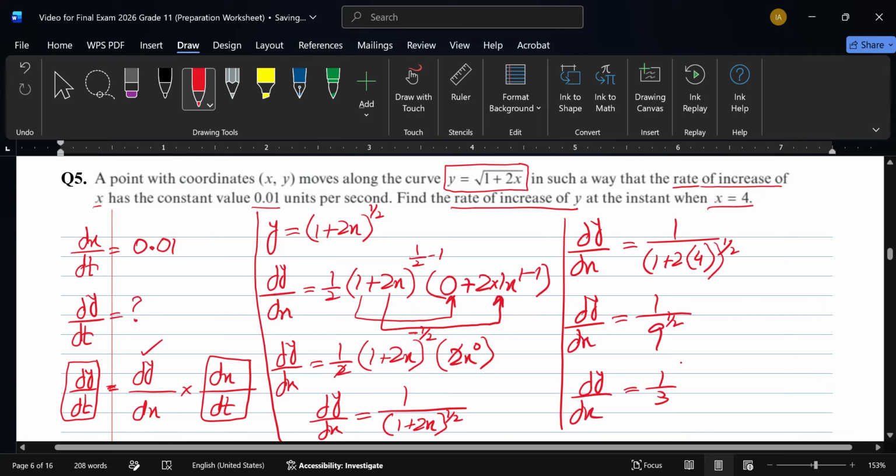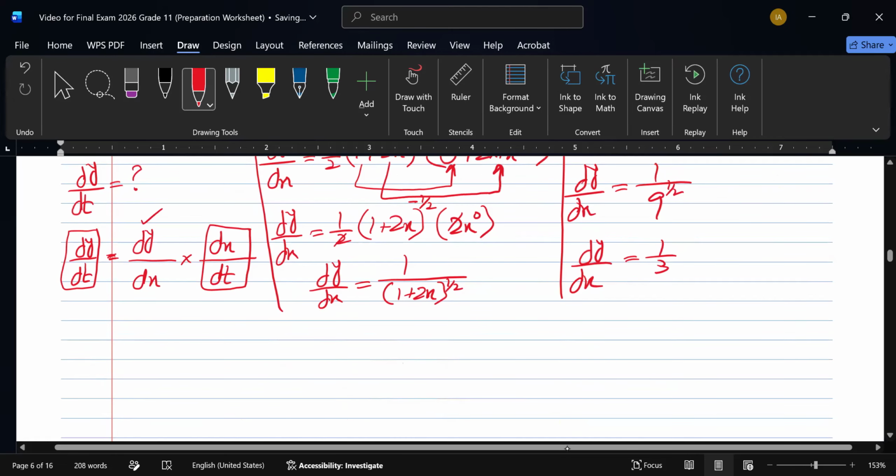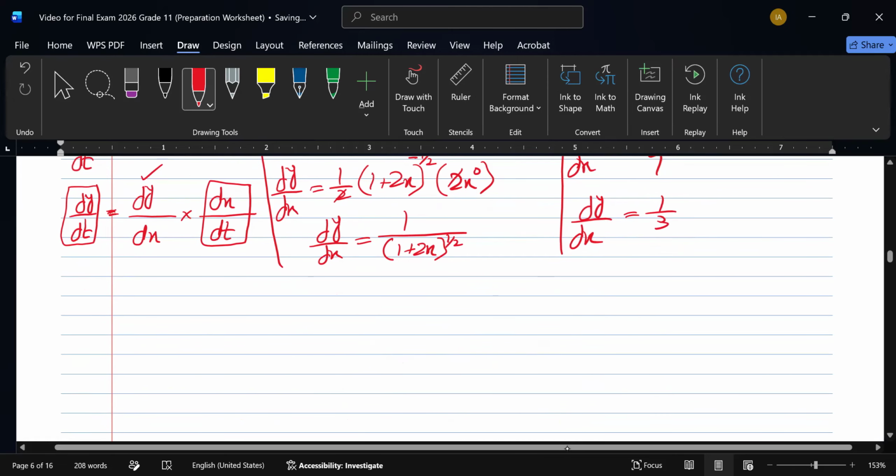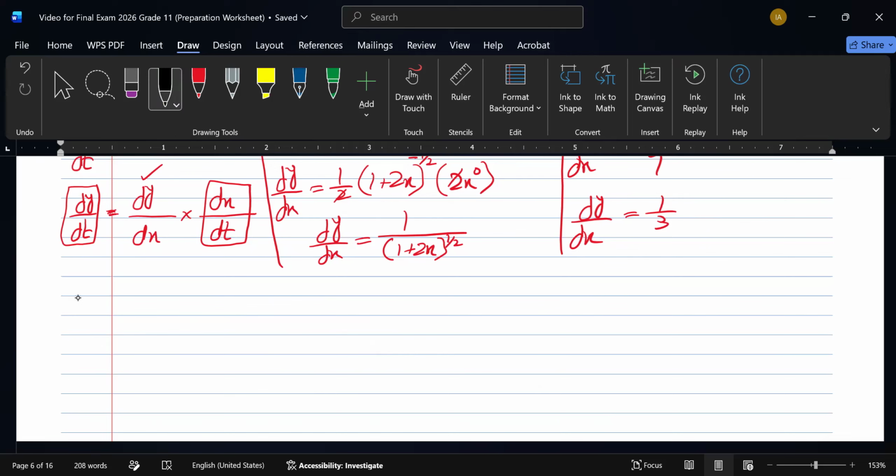Now the time has come to use the chain rule. Let's see how we can use it. In this chain rule, we have to calculate dy/dt, that's the rate of change of y. dy/dx, we just calculated as 1/3, and the rate of change of x is 0.01.